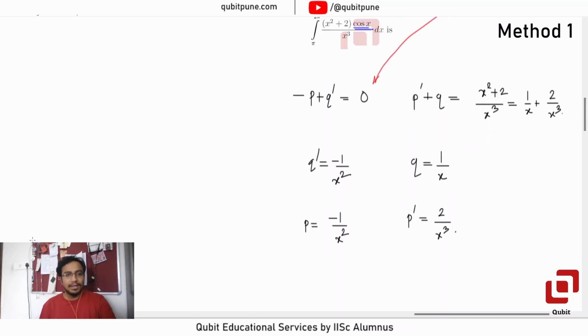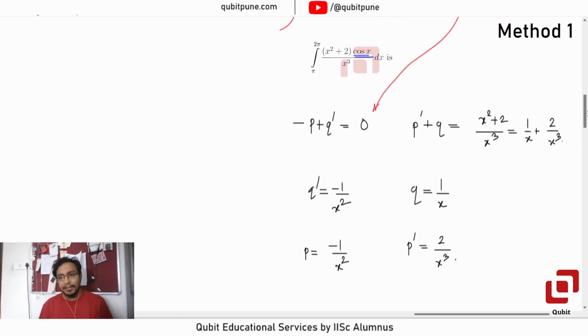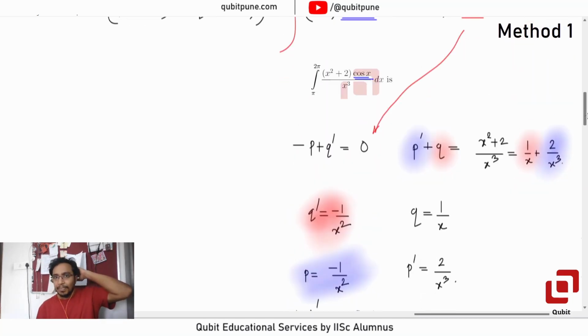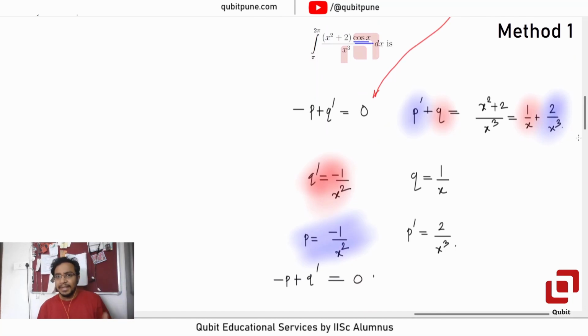Starting with p dash plus q equal to 1 upon x plus 2 by x cubed, if we take q as 1 upon x and p dash as 2 by x cubed, we conclude that p is negative 1 upon x squared and q dash is negative 1 upon x squared, and when subtracted we get the correct result. It matches with the integrand.